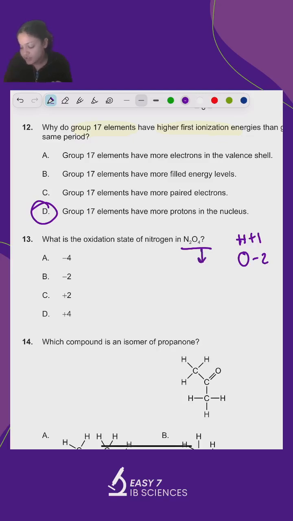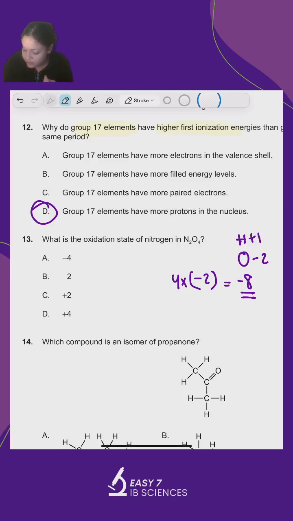So if oxygen is -2 and you have 4 oxygens, that means -8 is the charge of those oxygens. Now the charge on the nitrogens has to equal the charge on the oxygens. Why? Because the overall molecule is neutral. I don't have an ion which has an overall charge at the end. No, it's just neutral. So therefore, the charge in the nitrogen has to equal the charge in the oxygen.